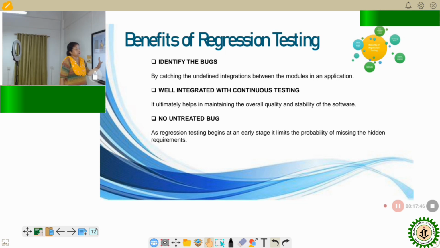Benefits of regression testing. There are many benefits. First, it identifies the bugs. What are bugs?